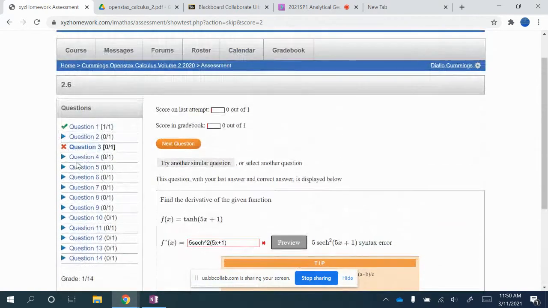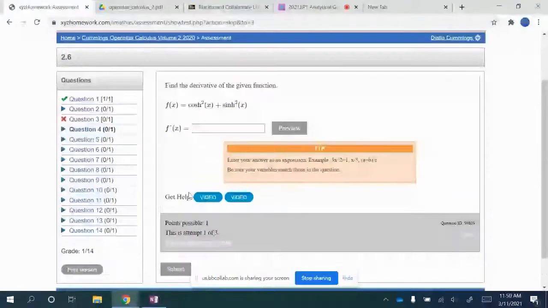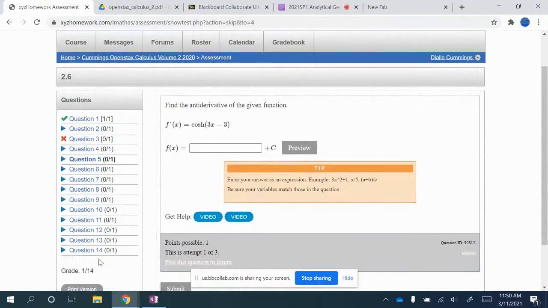Now as far as the rest of the problems are concerned, problems number 5 through 14, you're asked to find the antiderivative or the integral. You'll notice that the videos don't refer to anything about the integral.